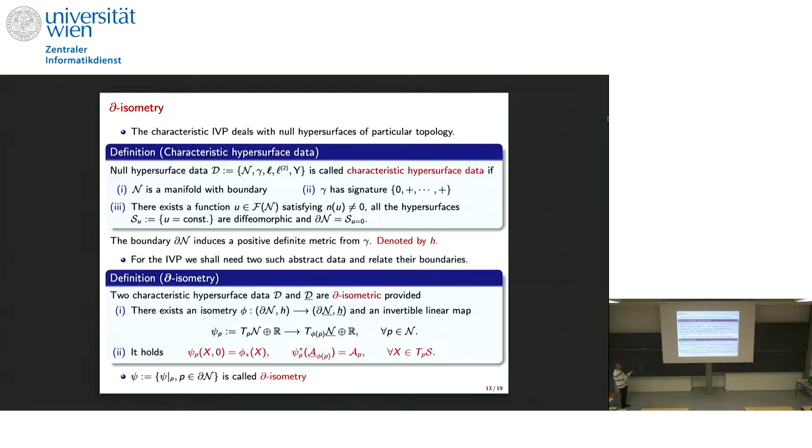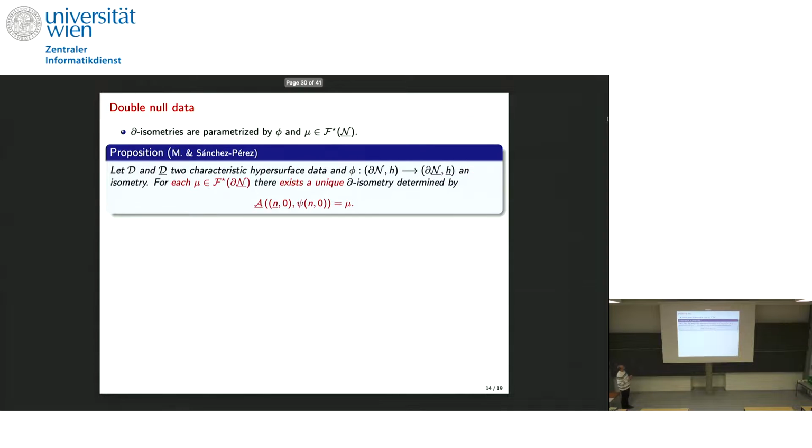And this is the object that will play a crucial role. Now, it's a simple fact that if you give me an isometry between the boundaries, the collection of boundary isometries is parameterized by a nowhere zero function mu. So once the isometry phi is fixed, the collection of boundary isometries is identified by this object here, which one can show is non-zero.